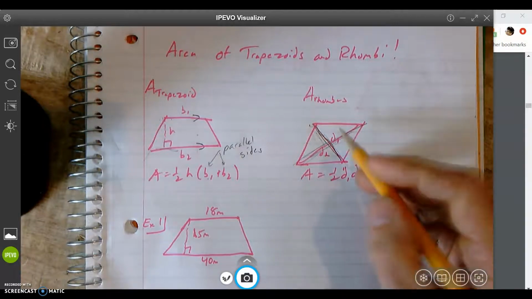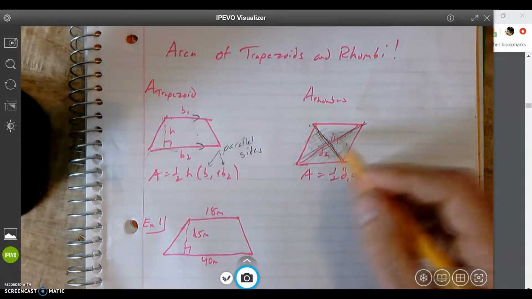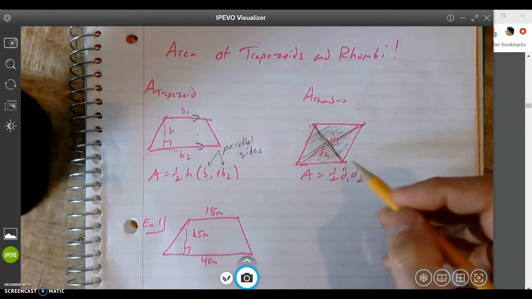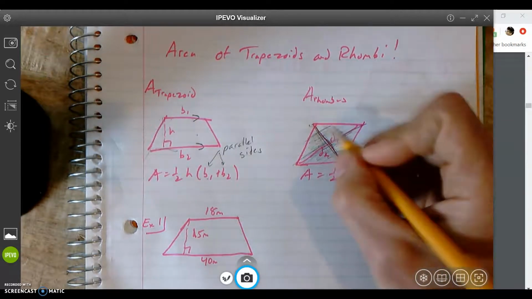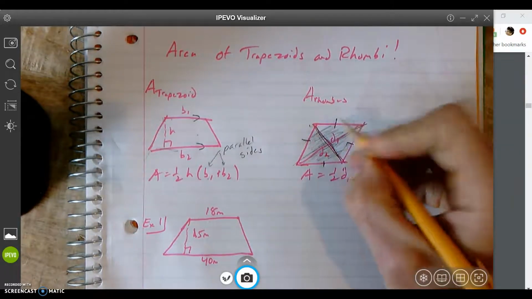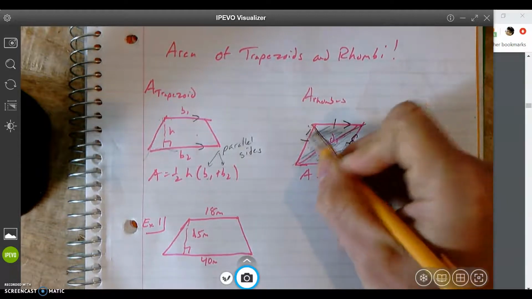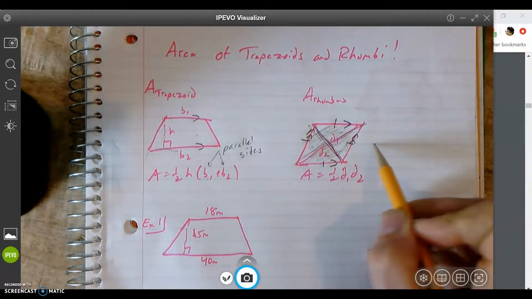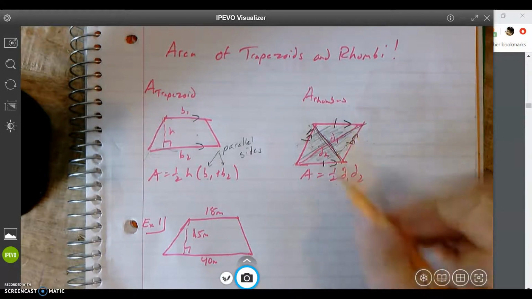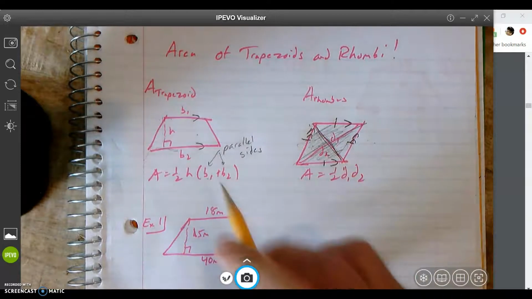You multiply by half, and you get the total area, all the room on the inside of a shape. A rhombus has all congruent sides, and opposite sides are, what does this mean right here? Yeah, parallel. So these two sides are parallel, these two sides are parallel, and all four sides are congruent, like that.